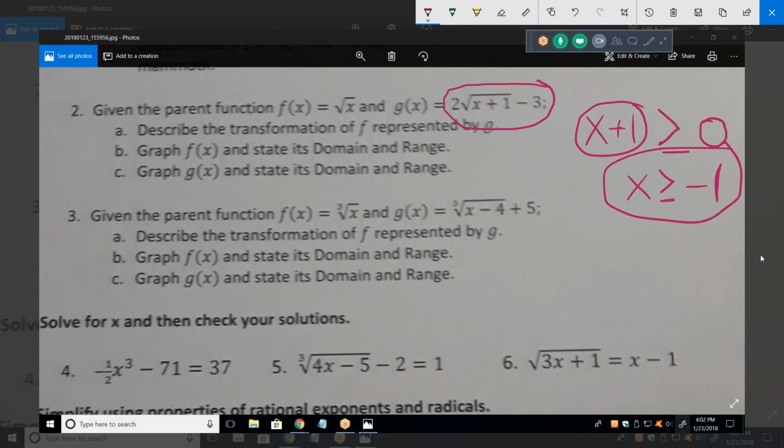Okay. Now, if I put that in interval notation, what is it? First of all, a parenthesis or a bracket? Left bracket. Okay. And then negative 1.